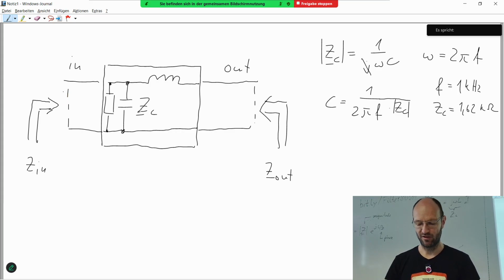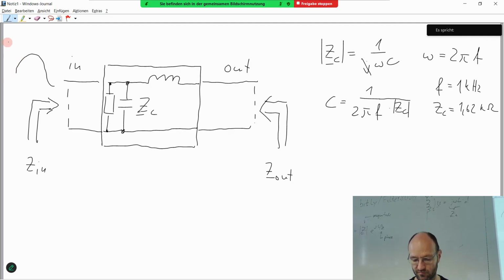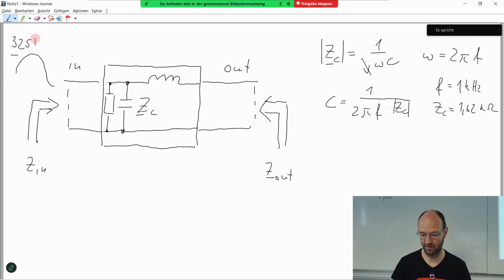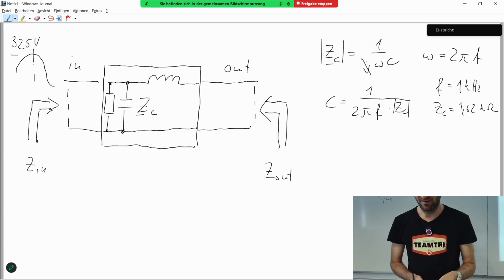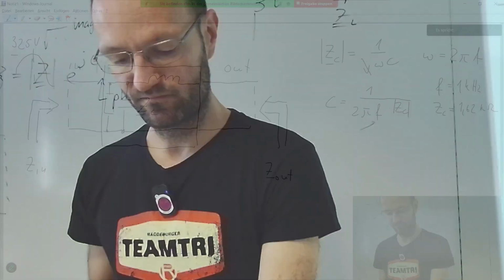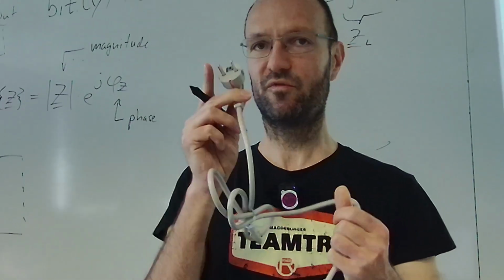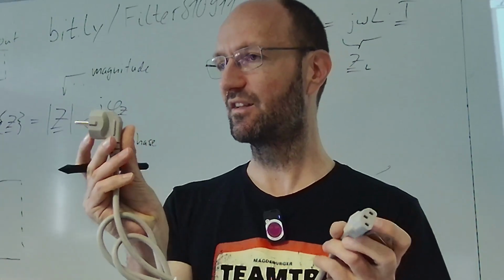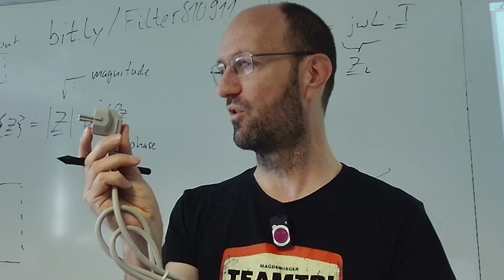So if the sinusoidal voltage is at its maximum, 325 volts, and exactly in this particular moment you pull out the cable from the power outlet, and there's this filter connected, there's a capacitor that is charged to the full voltage.